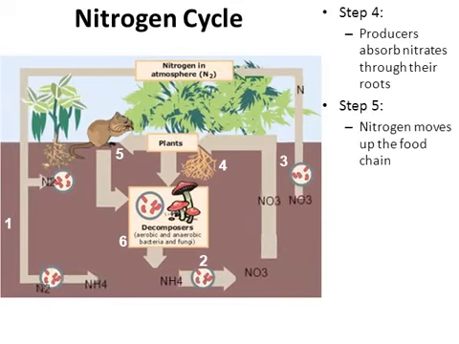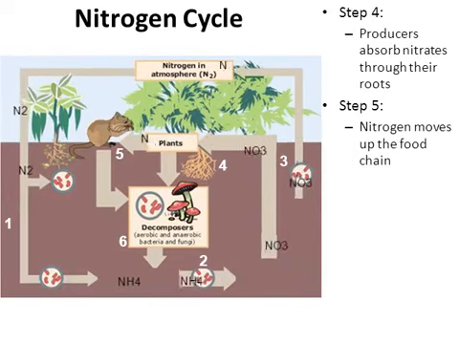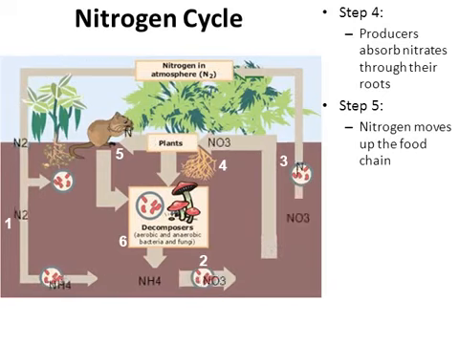Nitrogen simply moves up the food chain. We have a little rodent in area number 5 of our picture, and nitrogen is going from the plant into the rodent. That's because the rodent eats the plant. A snake might eat the rodent, a hawk might eat the snake, and so on up the food chain.